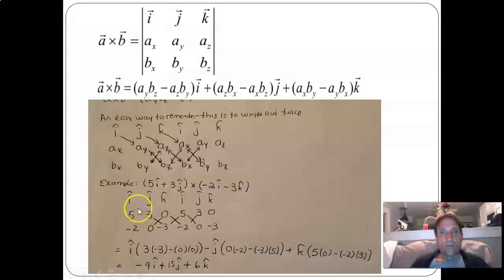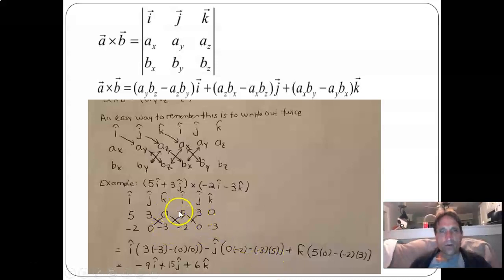Then we do our diagonals. So for the I component, we move over one and it's 3 times negative 3 minus 0 times 0. The J component is 0 times negative 2 minus 5 times negative 3.